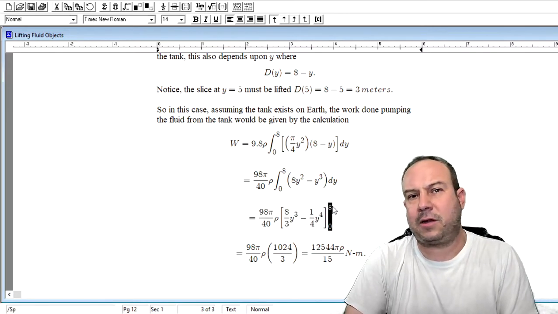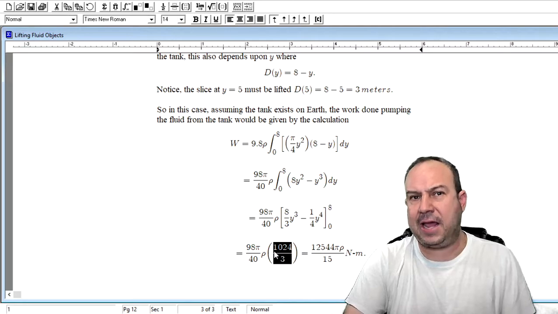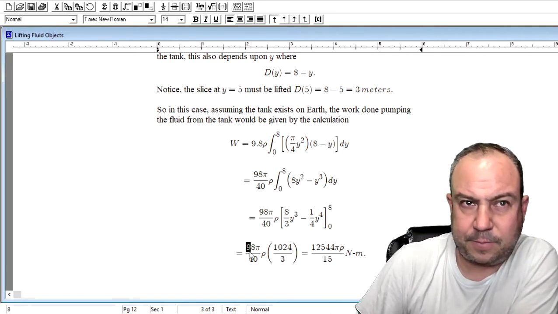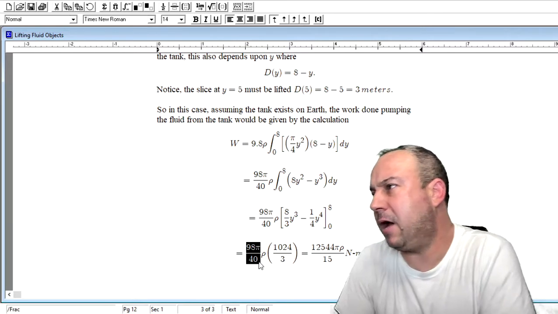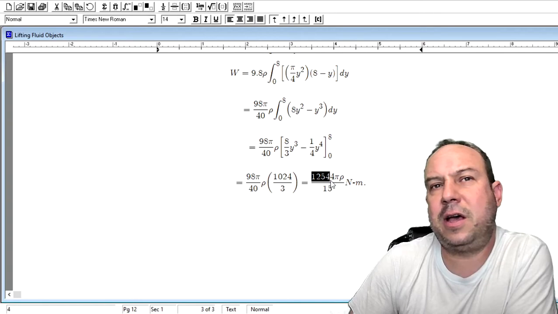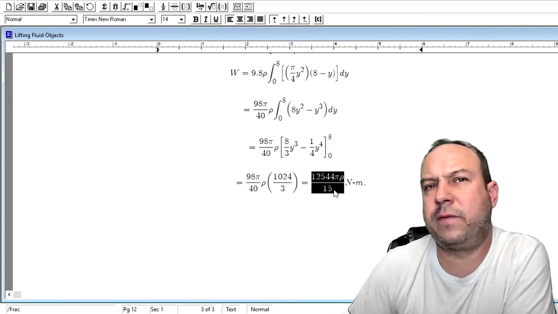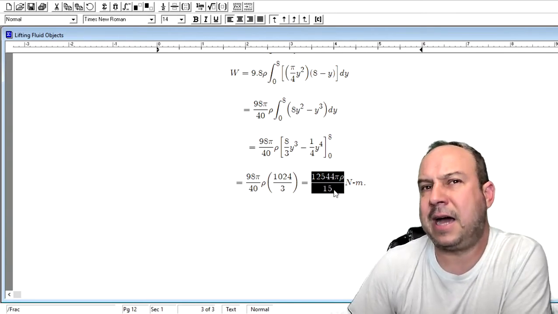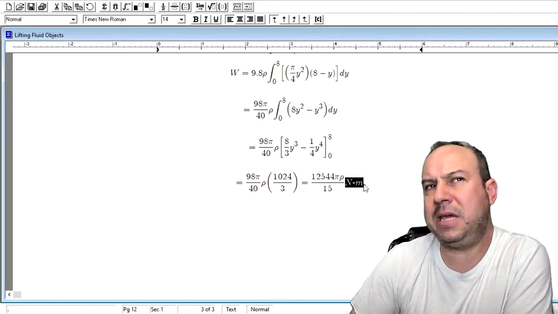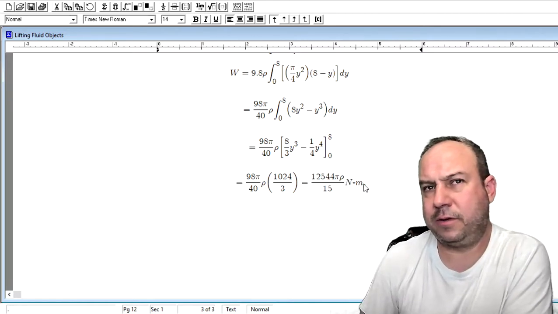Evaluated across the bounds from 0 to 8, that yields 1,024 thirds. Multiply that by 9.8 pi over 4, and that simplifies to 12,544 fifteenths of pi times rho, our density, Newton meters of work.